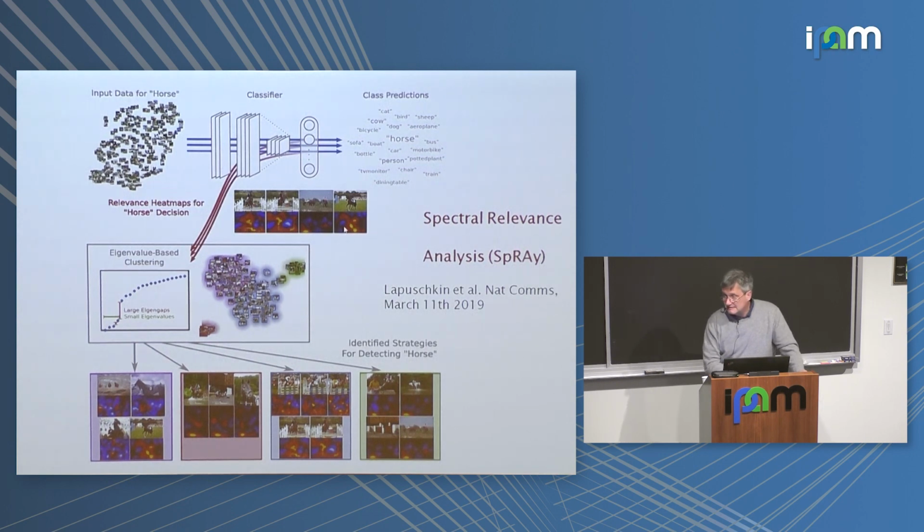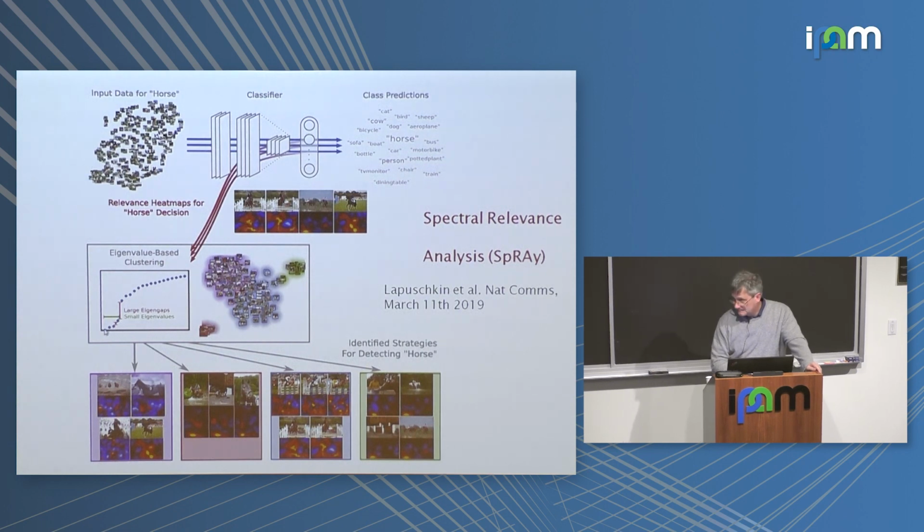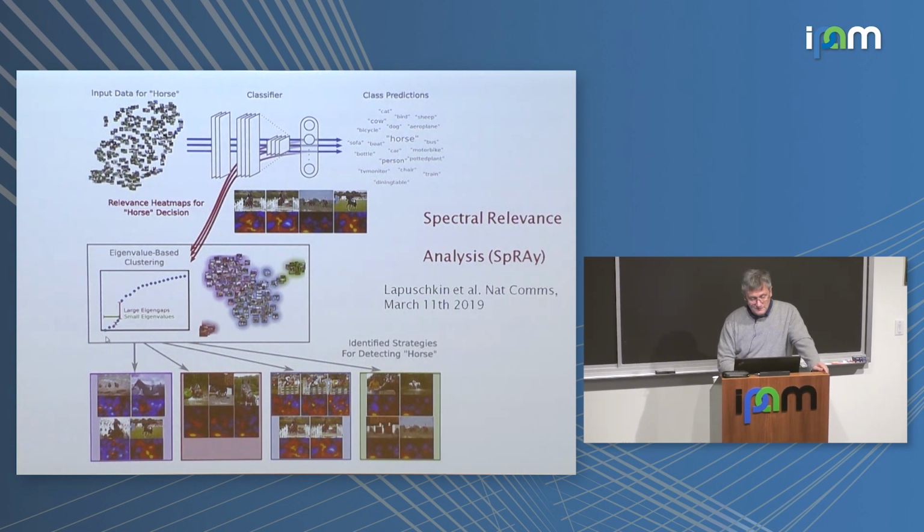Now you can cluster them. You have to normalize them appropriately, and then apply spectral clustering. In spectral clustering, basically the algorithm tells you from the eigenvalue spectrum that you have, there's usually a bunch of small ones, and then there's a gap, and then there's a bunch of larger ones.